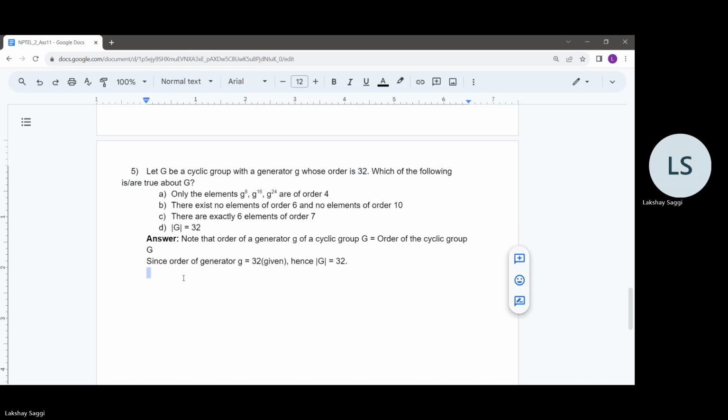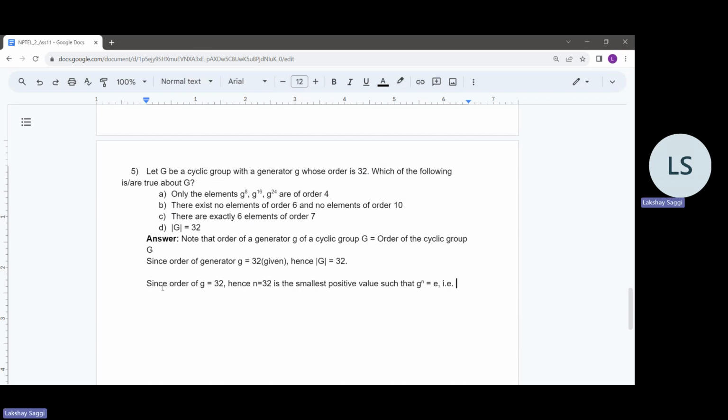Since the order of g is 32, n equals 32 is the smallest value such that g raised to the power n is equal to e.